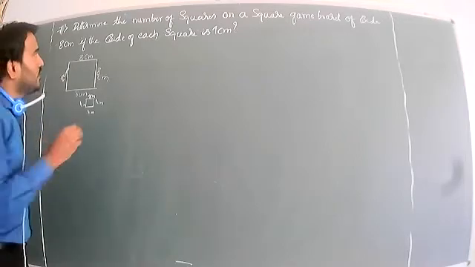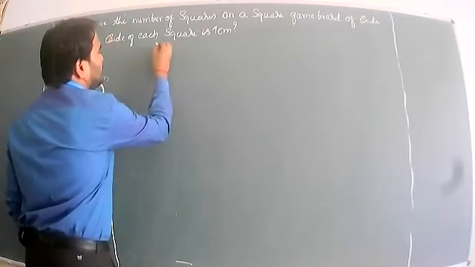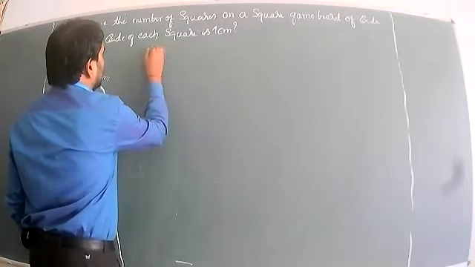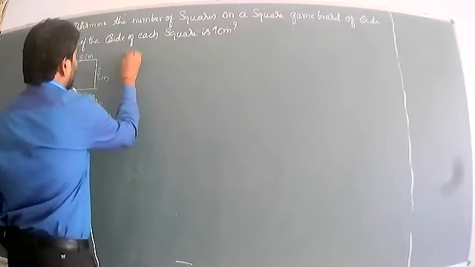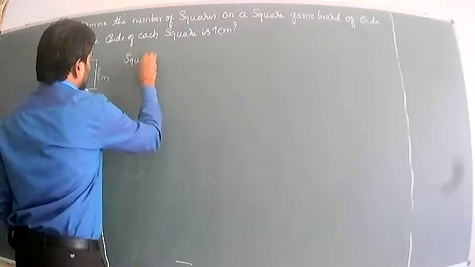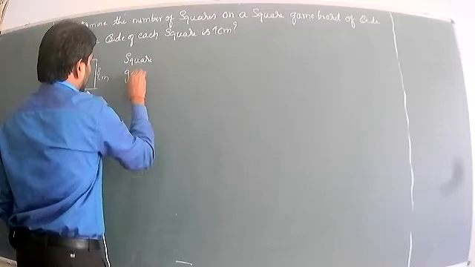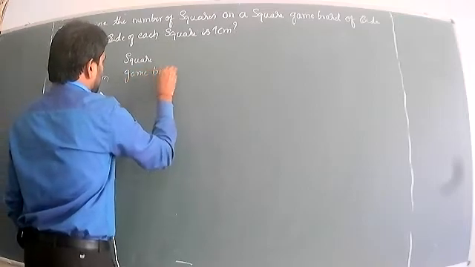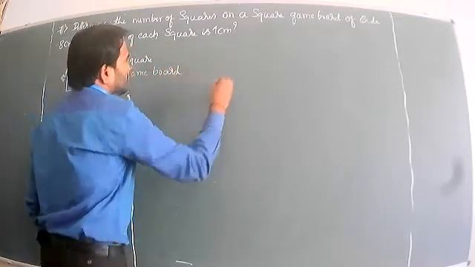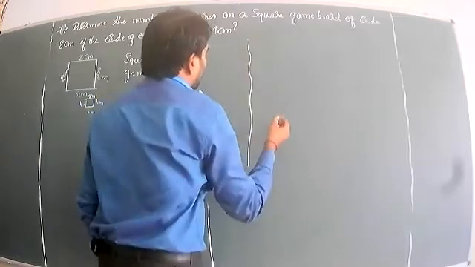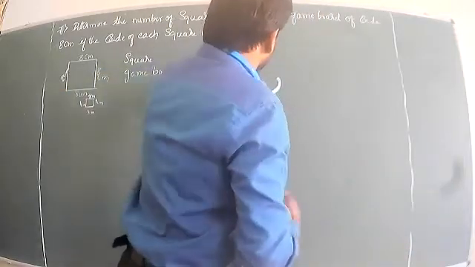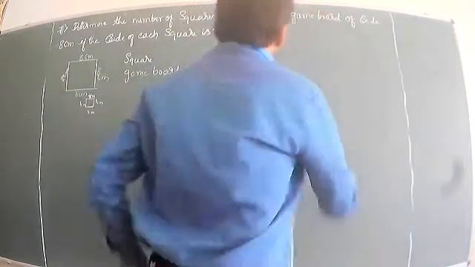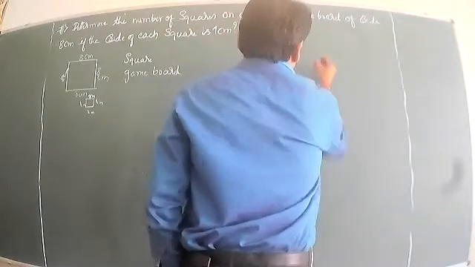So first, what you write: first, the square game board, then it is a square.